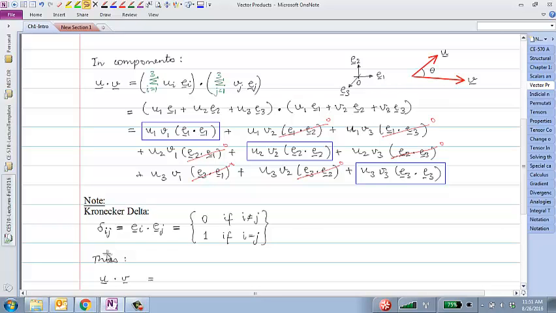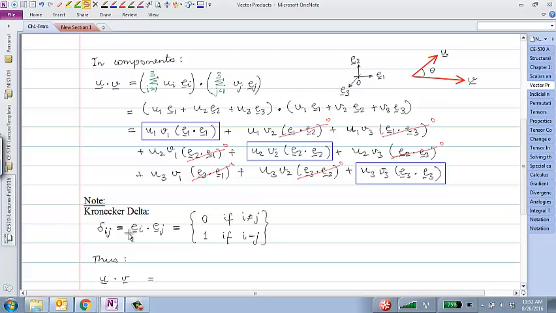How is that 9 values? I could have delta 1,1, 1,2, 1,3, or I could have delta 2,1, 2,2, 2,3, and so on. So for each value of i going from 1 to 3 and each value of j going from 1 to 3, I'll have 9 possible different combinations. And the way we define that is simply that delta ij is equal to ei dot ej.